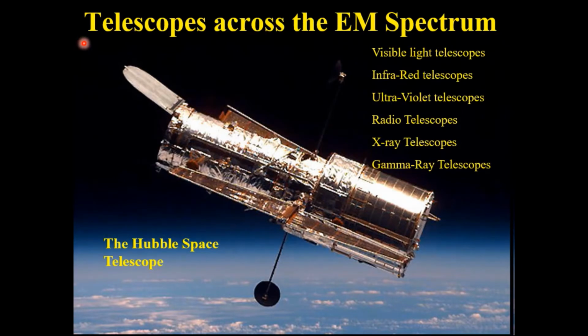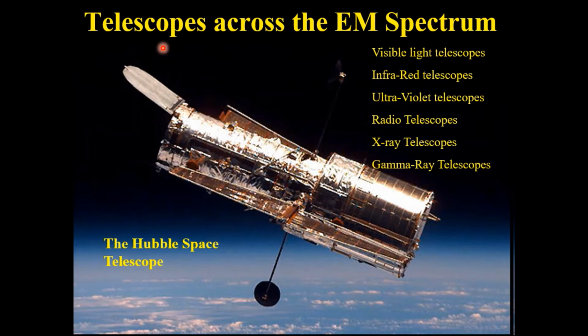Telescopes have been designed to allow us to see the universe across the entire electromagnetic spectrum. Remember what we learned about the electromagnetic spectrum: the visible light that our eyes can see is only one tiny sliver of the whole spectrum. So most of the universe is invisible to us, but we can build telescopes that are sensitive to different parts of the spectrum to allow us to see the invisible universe.